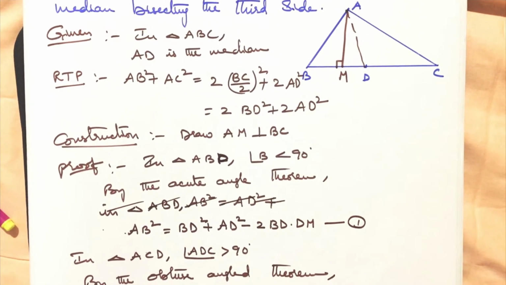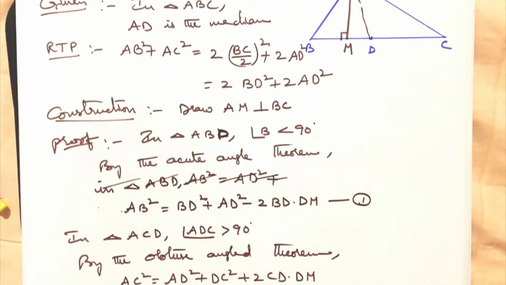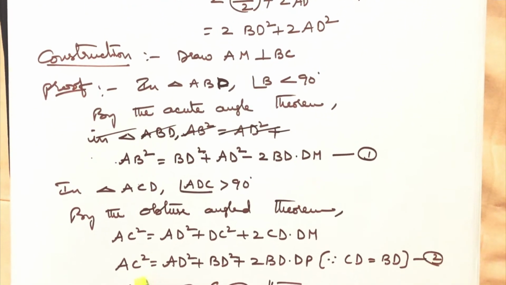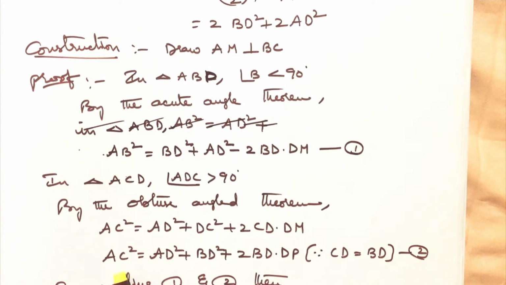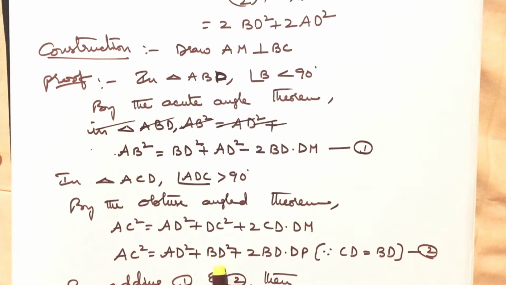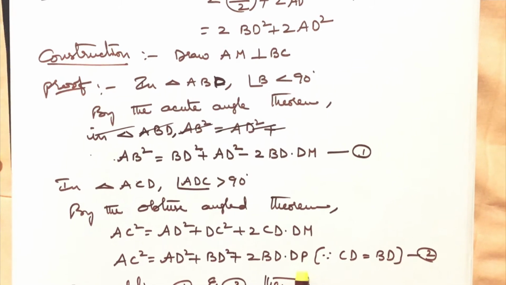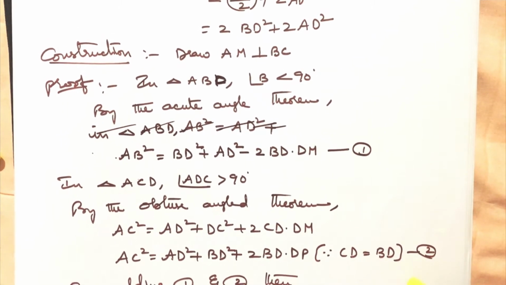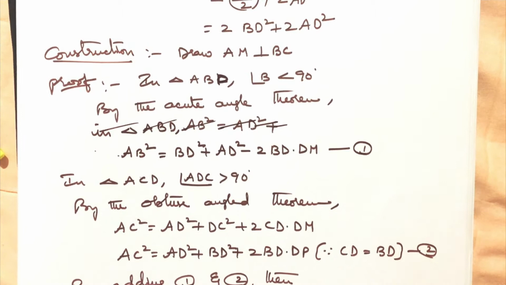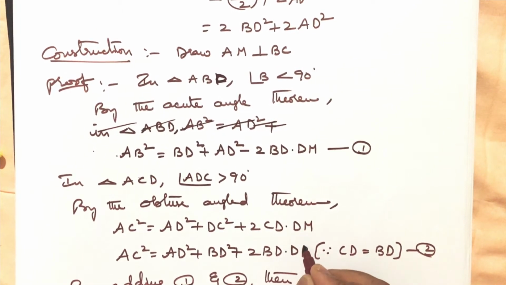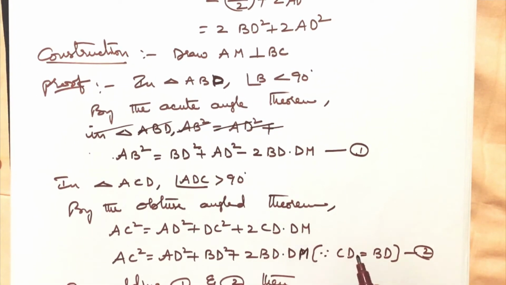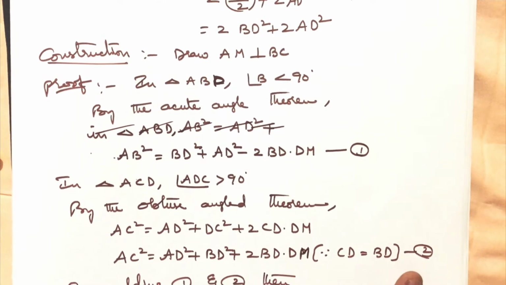So CD is equal to BD. When you replace CD by BD, it becomes AC square is equal to AD square plus BD square plus 2 times BD into DM. Sorry, this is DM. This is equation 2.